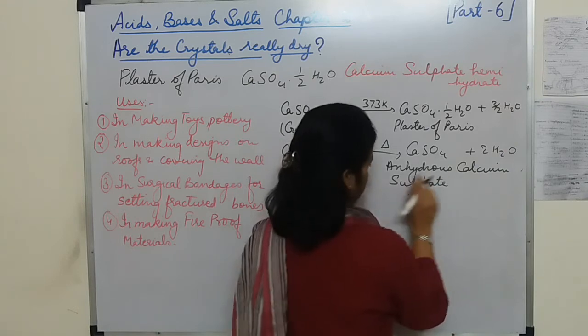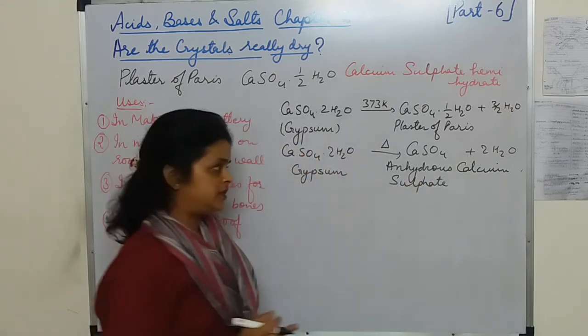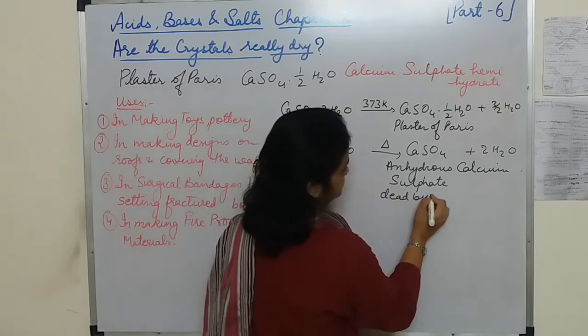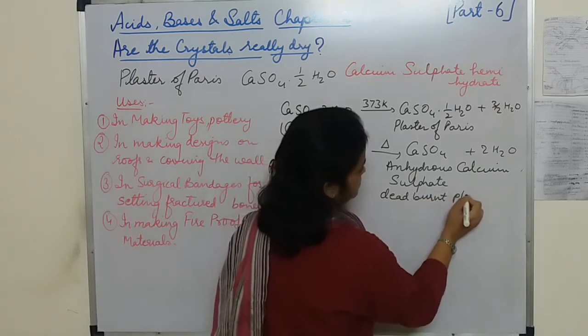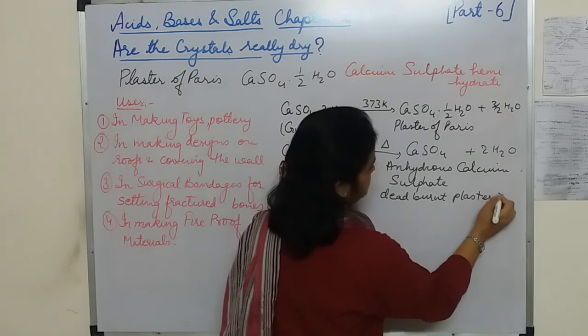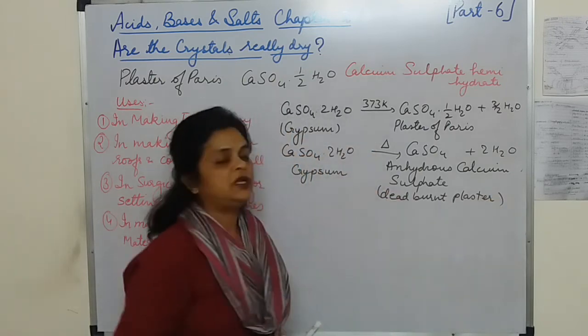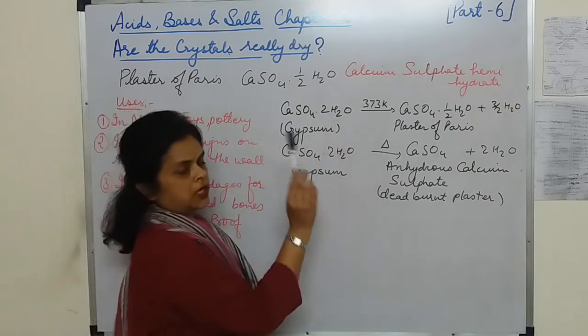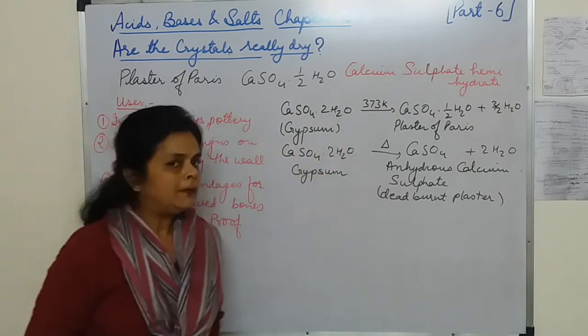And students, this anhydrous calcium sulfate is also called dead burnt plaster. So whenever you are preparing the plaster of Paris, the temperature should be controlled. Otherwise, you will get a dead burnt plaster.